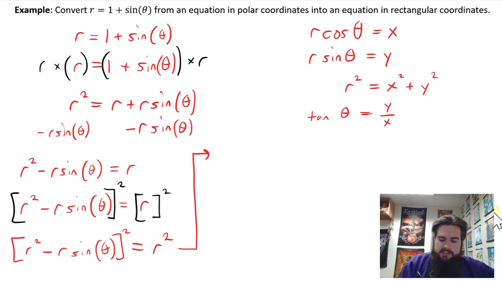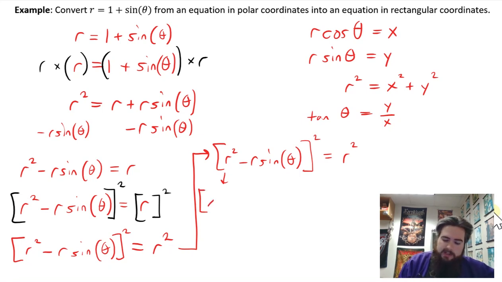So I now am at a point where I can replace this with rectangular coordinates. So let's take that equation, r squared minus r sine of theta to the second power equals r squared. And let's replace one by one. The first r squared I will replace with x squared plus y squared. r sine of theta, I will simply replace with y.